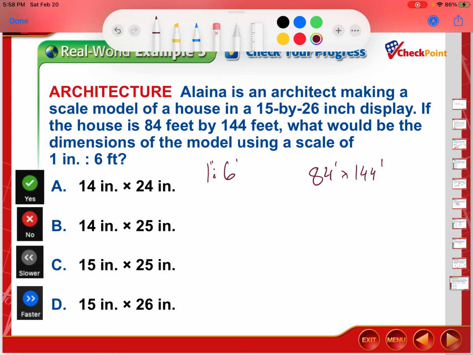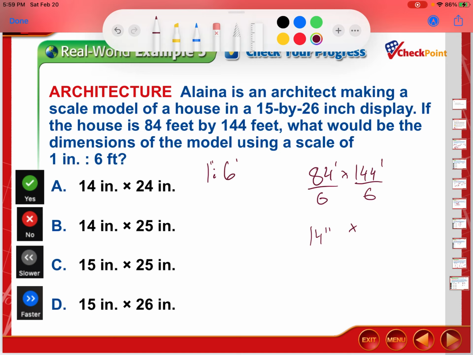Now, if I divide each of these by 6, then I'm going to know what the inch dimension for each side is. So 84 divided by 6 is 14.